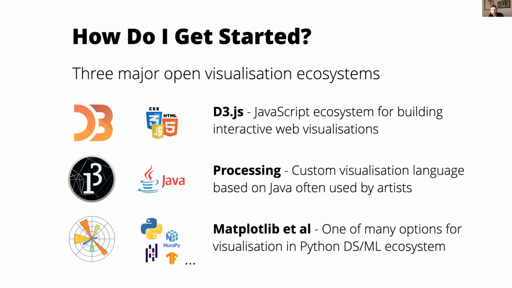It's often used by artists and to produce interactive installations, and has a lot of interesting hardware extensions and integrations as well. And then Matplotlib and the broader Python data science and machine learning ecosystem, which of course Ned did much better justice to than I did in this little custom visualization case study. So that's a really rich place to focus if you want to get started in an open custom visualization ecosystem.